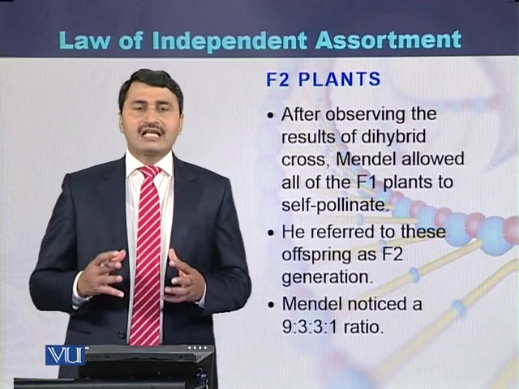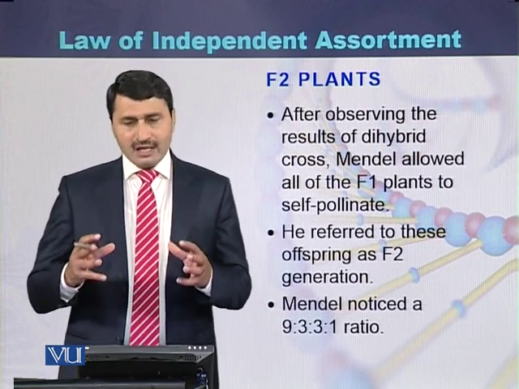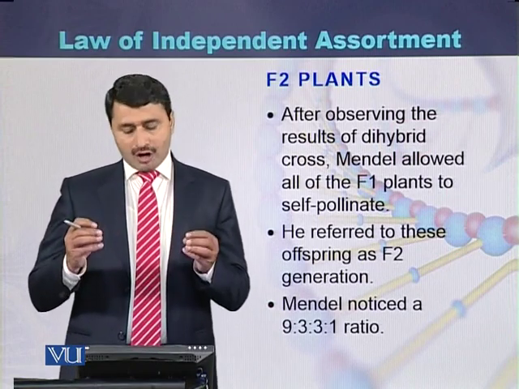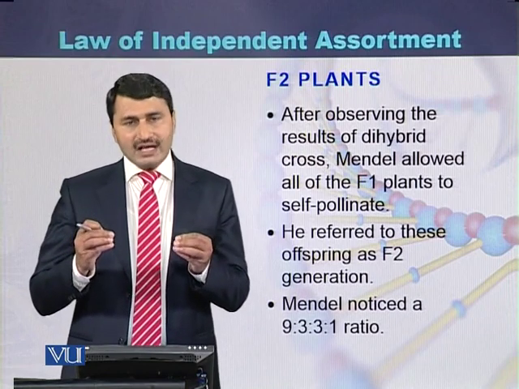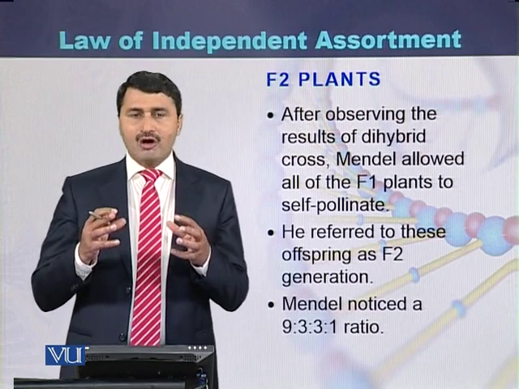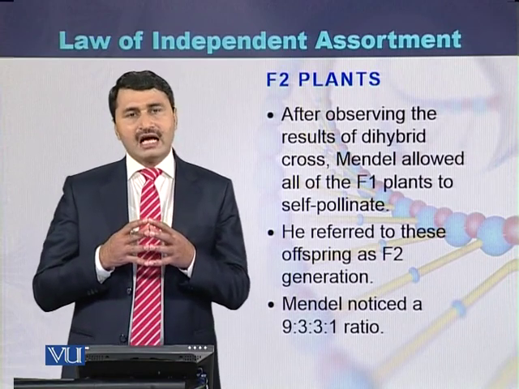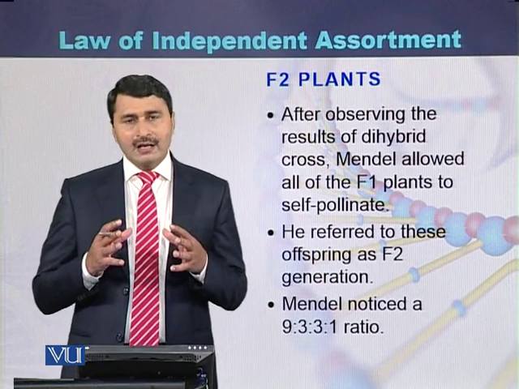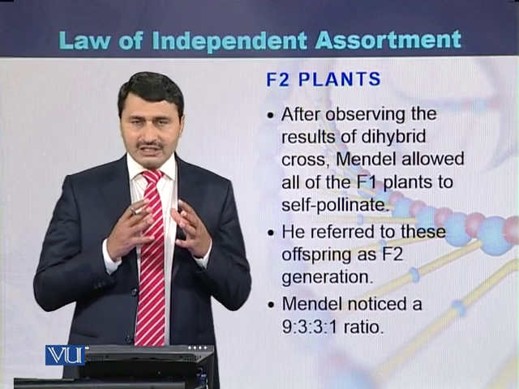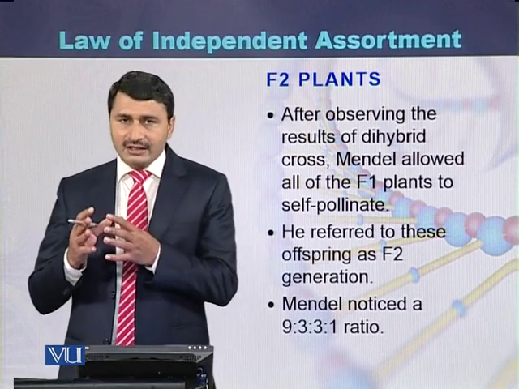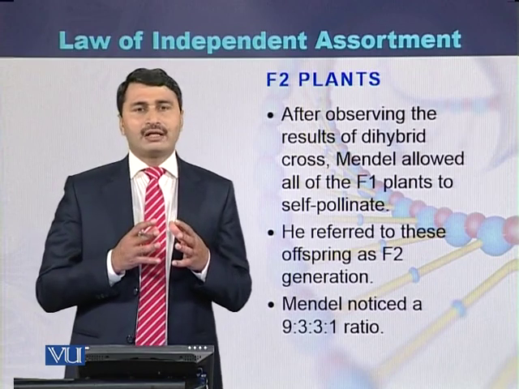So what was the ratio of F2 plants when Gregor Mendel crossed the plants of the F1 generation? As a cross of the F1 generation, he observed a ratio of the plants of 9, 3, 3 and 1 instead of 3 to 1.